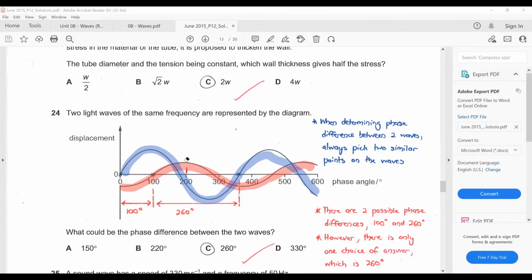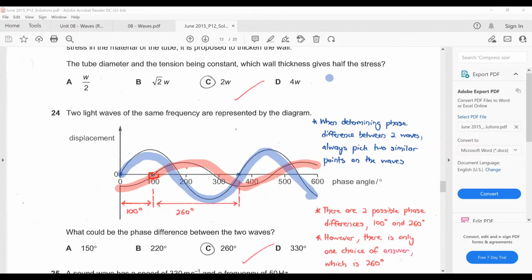So the better way to go about this would have been to pick the equilibrium position. This part here on the red colored wave, and this part here on the blue colored wave. If I pick this equilibrium position on the red colored wave, I must also pick the equilibrium position on the blue colored wave.